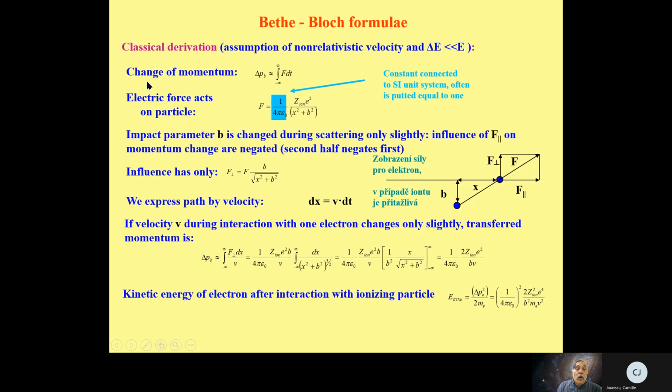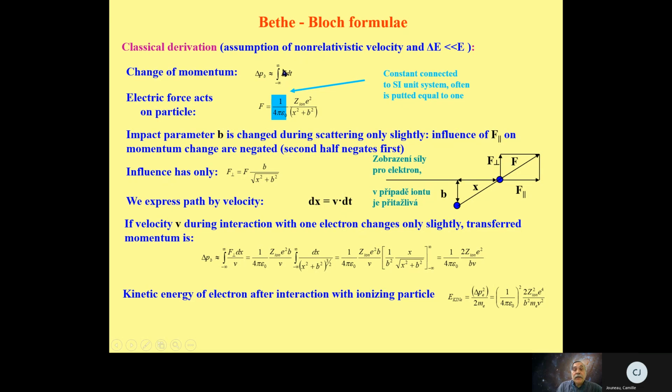Okay, we want to calculate the change of momentum by this interaction. This is possible to calculate using the force which acts on this particle during the whole time in which the particle is moving around this electron. Or we will look at it from the point of view of this electron, and that will be the movement of the electron around this heavy particle.